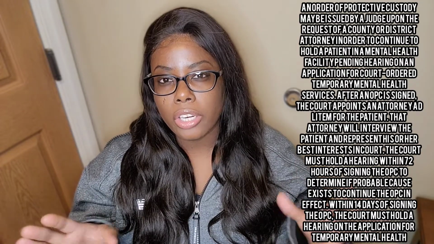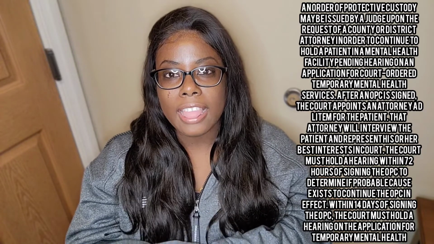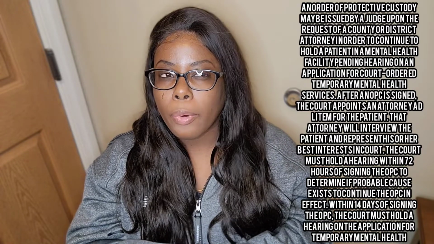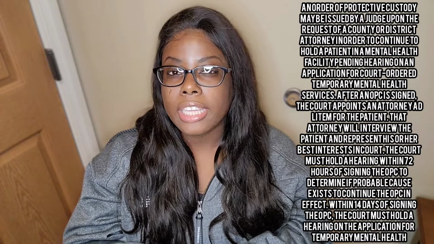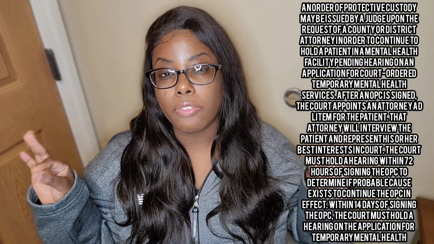All right, let's use the uncle. So you have an uncle that smokes, snorts cocaine, and is just not in his right mind. Or for instance, he has schizophrenia. Okay, so we're gonna use the uncle with schizophrenia.